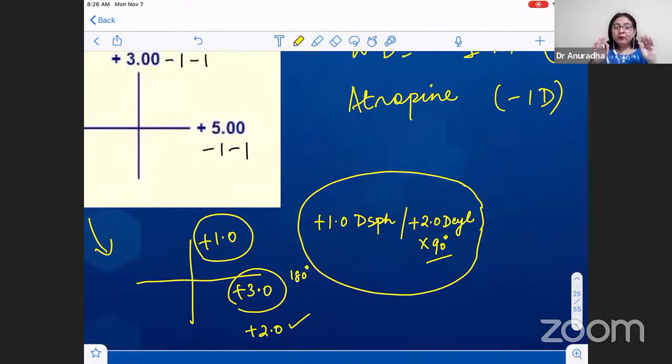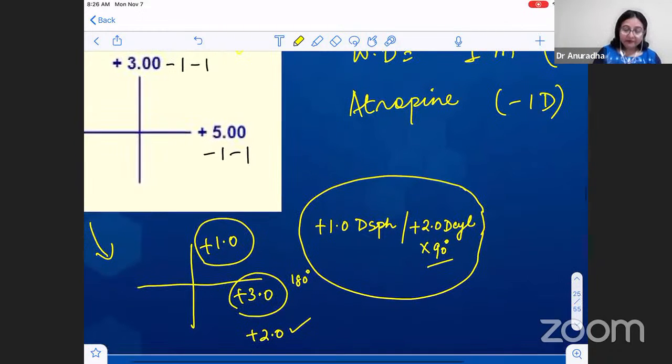Now sphere, how to choose the sphere? Sphere acts all around at all the axes. So you choose the smaller power as the sphere. So +1 you give as sphere. And then the rest remaining, which is there at 180 degrees, now +2, that will be given as cylinder.